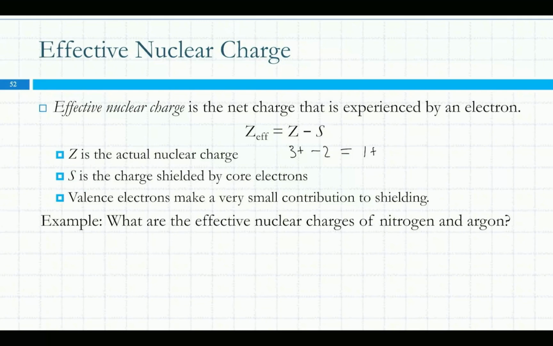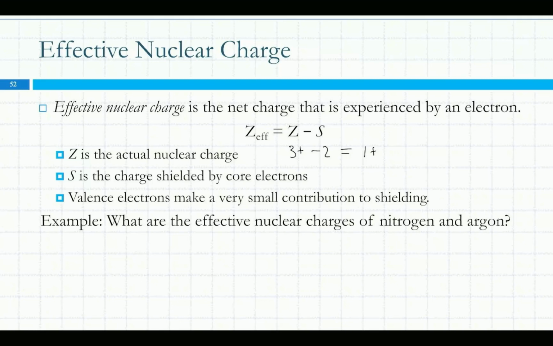Meaning the valence electrons only feel a 1+ charge from the nucleus. It is a little bit more complicated than that, because we've got these overlapping orbitals, and the number of electrons in those other orbitals also shields just a tad. But the biggest effect is just from how many core electrons there are.